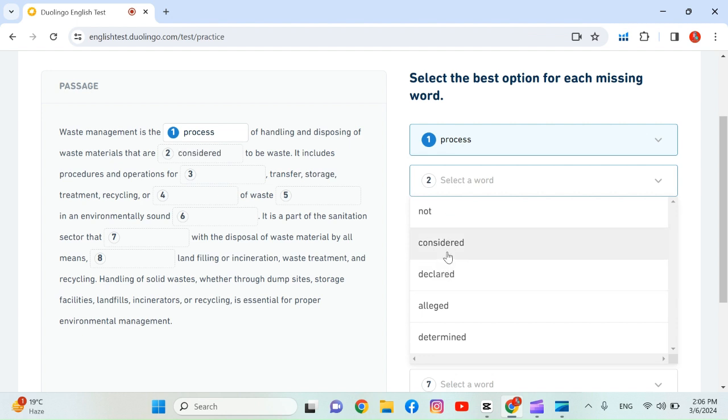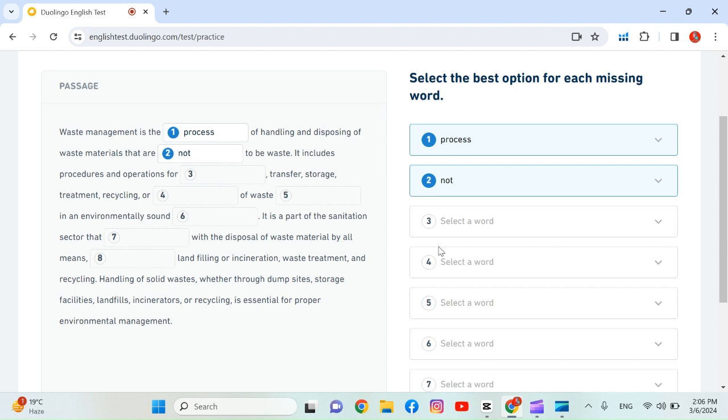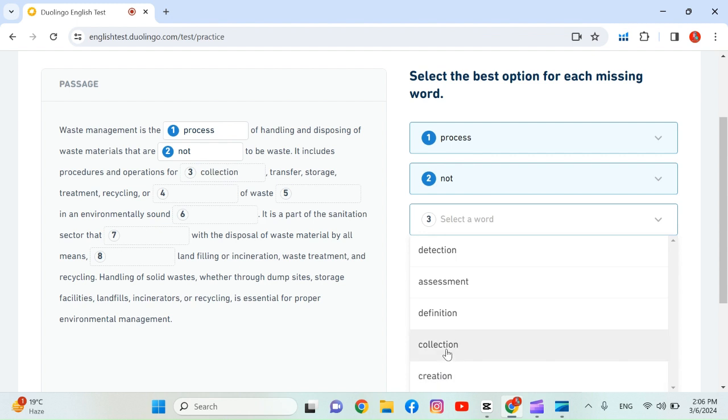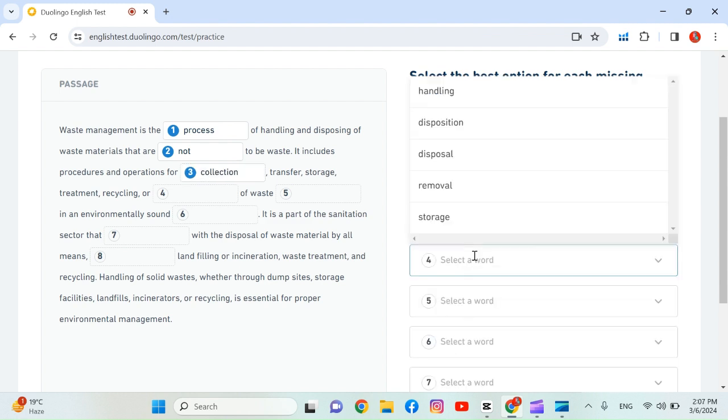It includes procedures and operations for collection, transfer, storage, treatment, recycling, or disposal of waste materials.